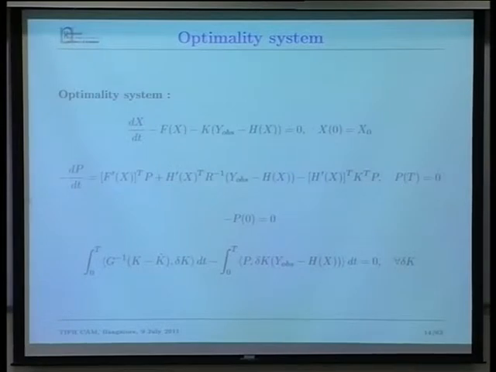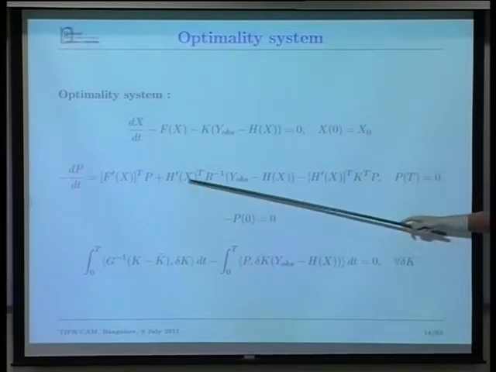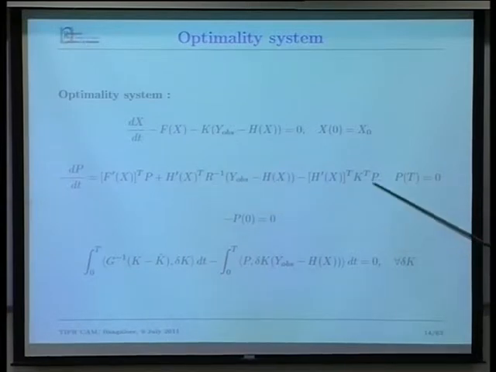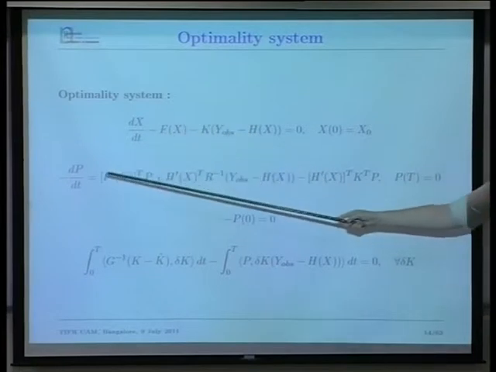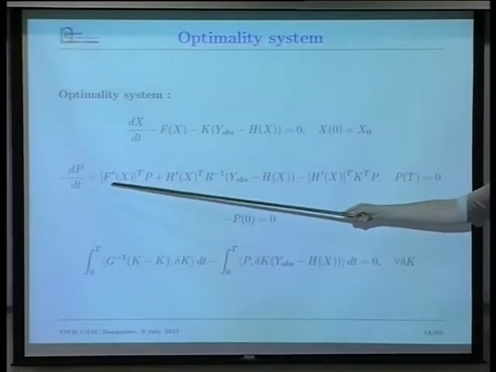So the optimality system is there. x should be a solution of the model equation with the nudging term and with the initial condition x naught. Then p is the adjoint model, with final condition p of T equal to 0, so a backward equation in time.